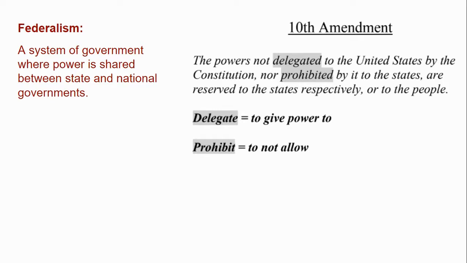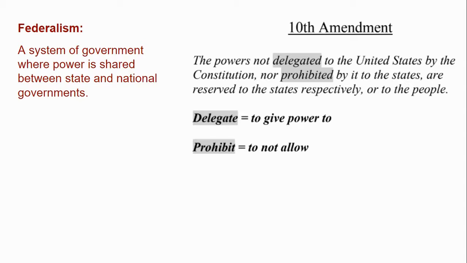And I know what you're thinking, Mr. West, you skipped an amendment. What happened to the Ninth? We'll come back to the Ninth Amendment in a minute, but I wanted to jump to the 10th because that's really what the 10th Amendment is all about. The 10th Amendment says that powers not delegated, not given to the United States government by the Constitution, are given to the state governments.